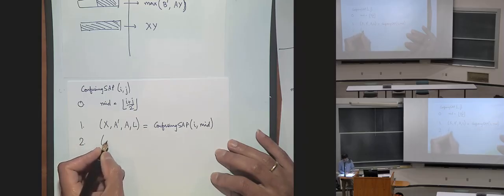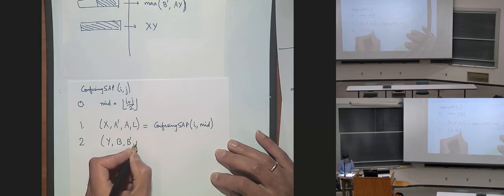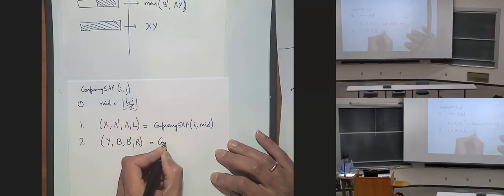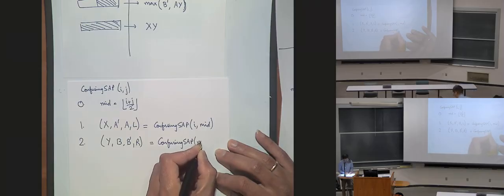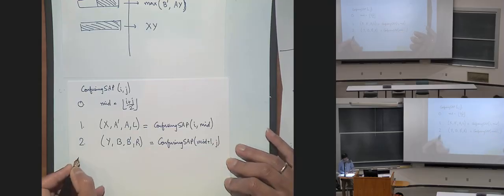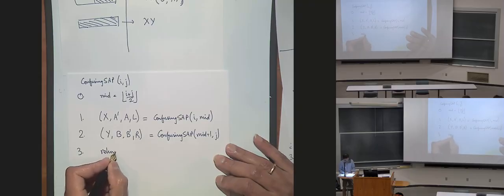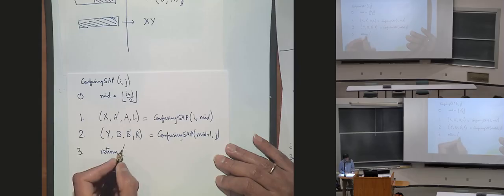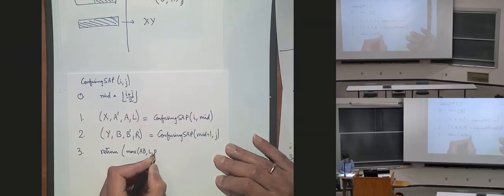The second is you get y, b prime, b, r, which is the output of the confusing method from mid plus 1 to j. And then you just return the max a b l r.